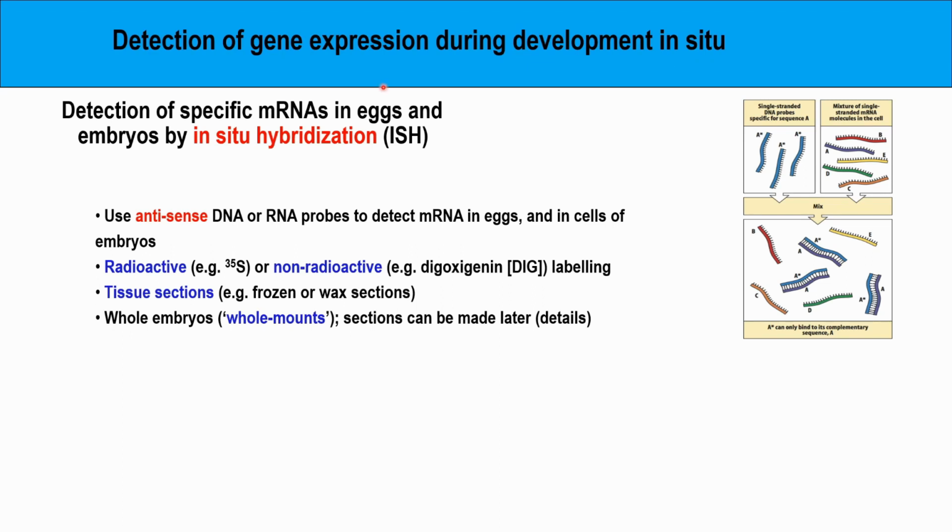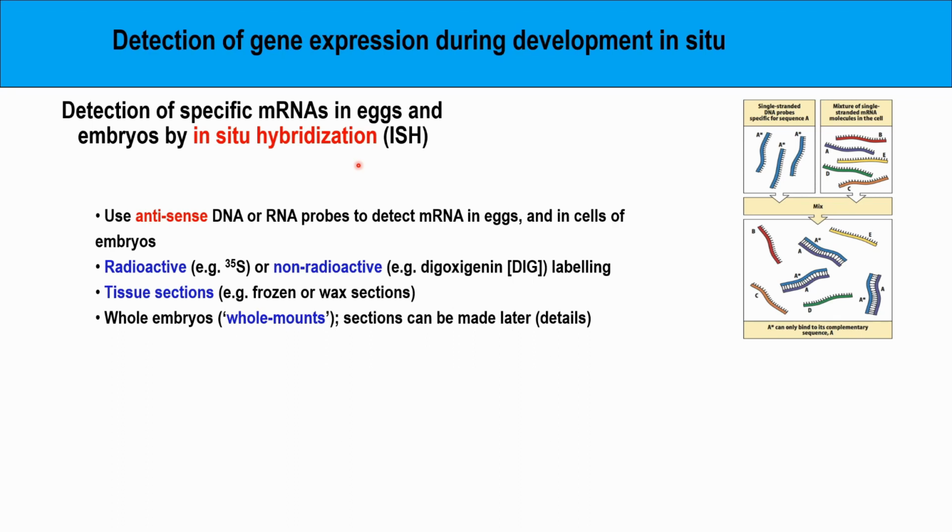One way to detect the expression of gene transcription is via the mRNA that is produced. To do this, we use a technique called in situ hybridization. In situ hybridization is still an important technique today, especially in some organisms that have fewer genetic tools available.